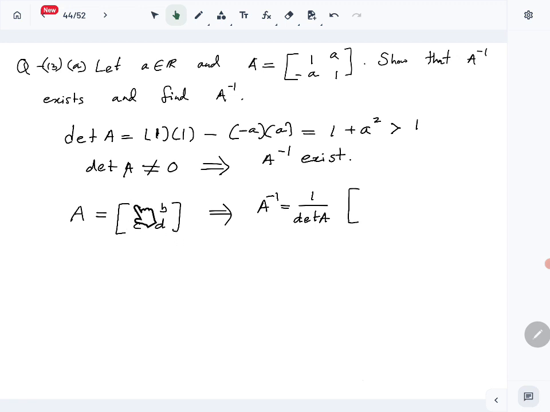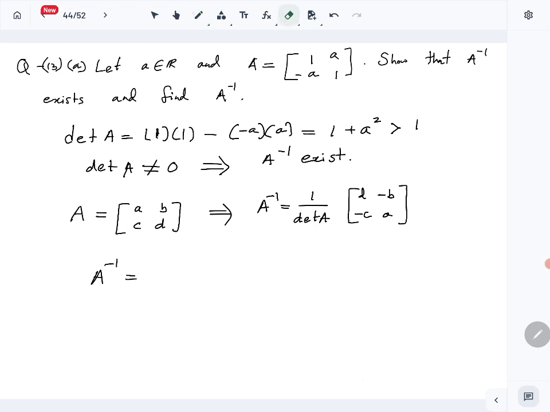D goes to A's position, A goes to D's position. And the elements in this other diagonal you just multiply by a minus sign. So that will give you A inverse.